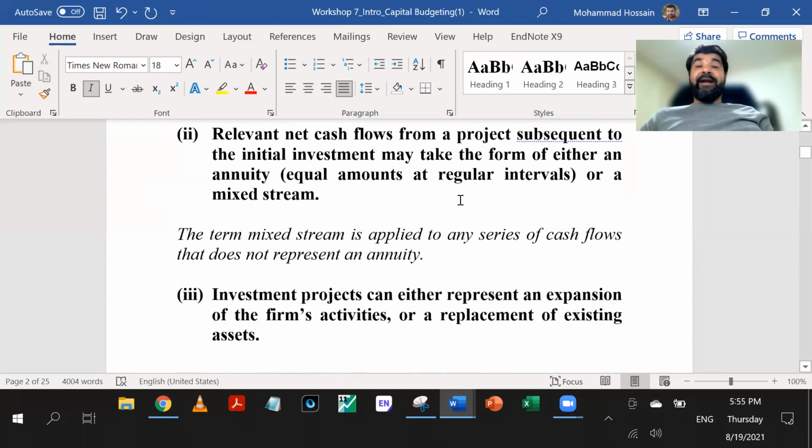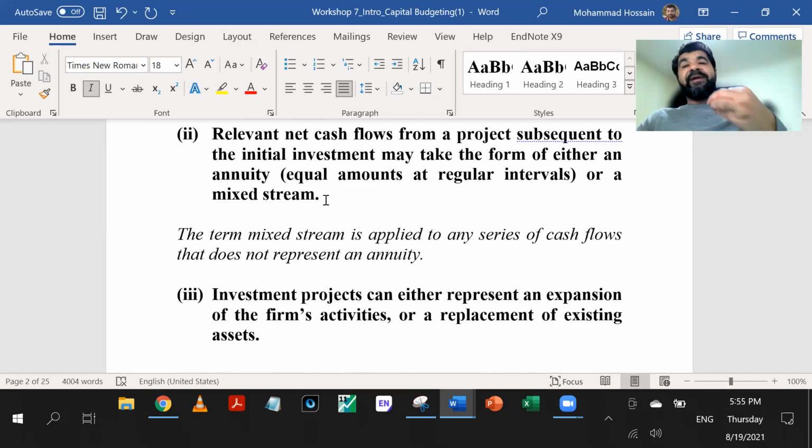Now, another way we discuss is relevant net cash flows from a project subsequent to initial investment may take the form of either an annuity or a mixed stream. So how do they mean? Annuity means, if you talk about ordinary annuity, annuity comes two ways, right?